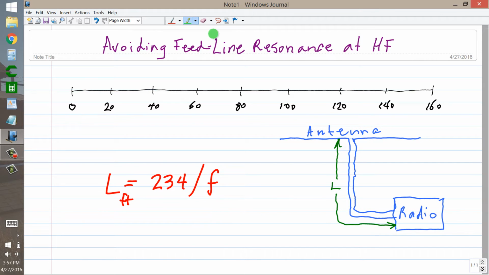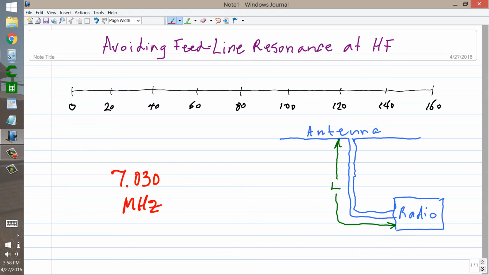So, for example, let's say you're a hardcore CW man or woman, and you want to have an operation at a frequency of 7.030 megahertz.